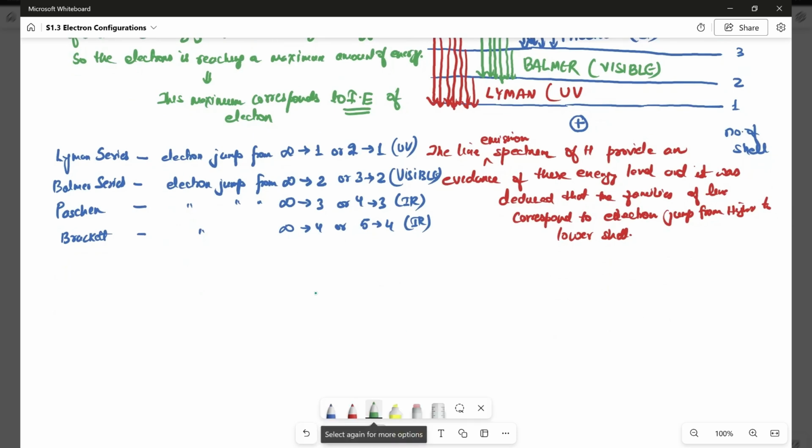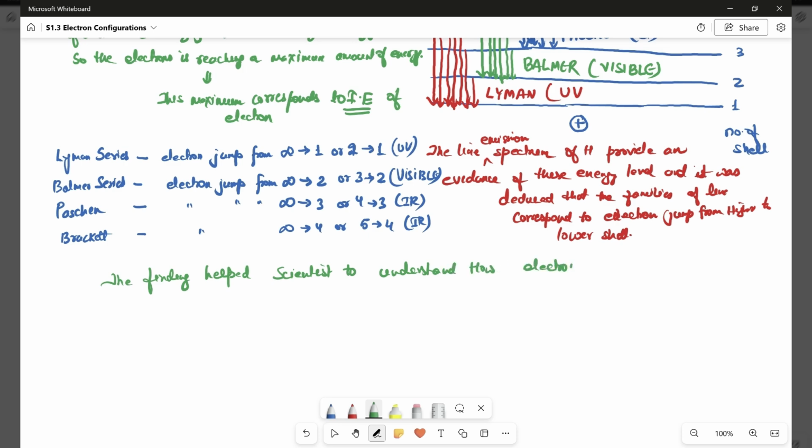So the finding helped scientists to understand how the electron works, right?